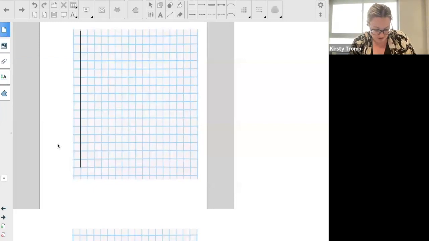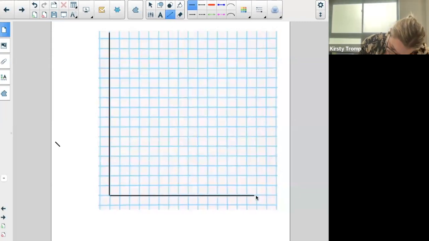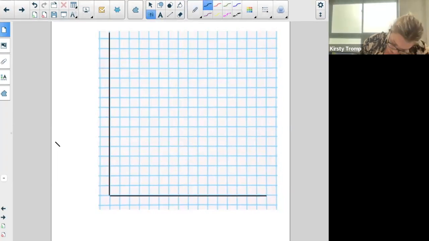Okay, apologies. So we had our y-axis. Let's draw our x-axis along the bottom. Now we want to give some figures here. On the bottom, I'm going to call this my plants.